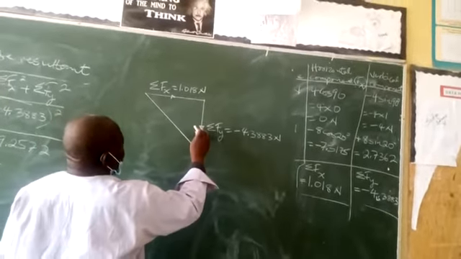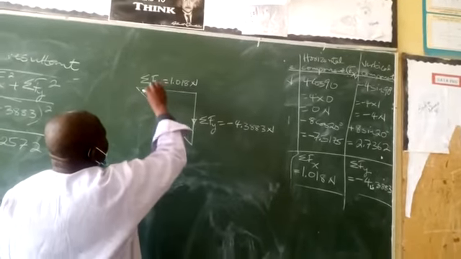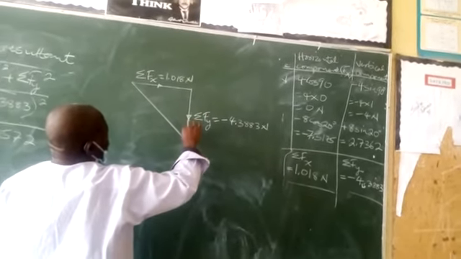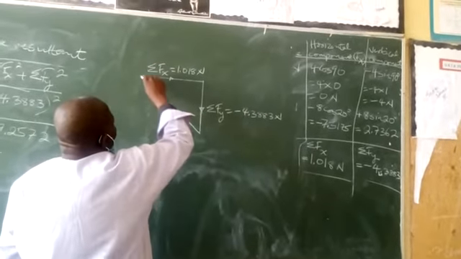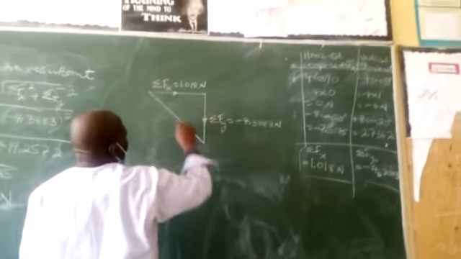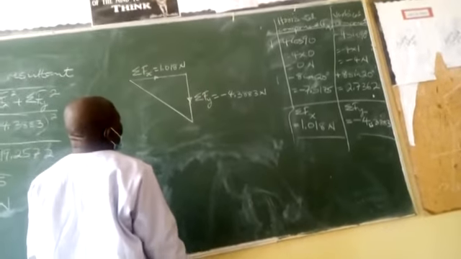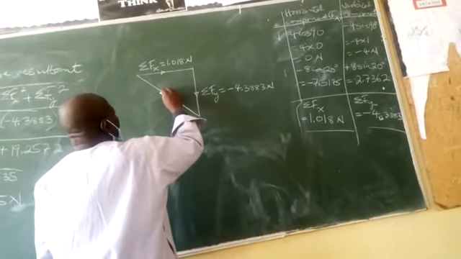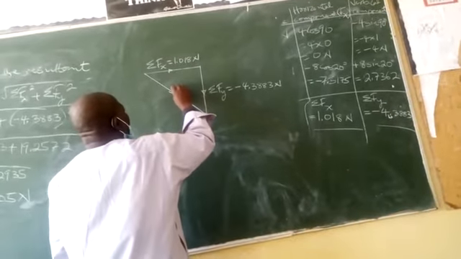Which direction will the arrow be? Summation F of x is coming this way, summation F of y is this way. So the direction of this resultant force must oppose the direction of the other two forces. So it should be this way.